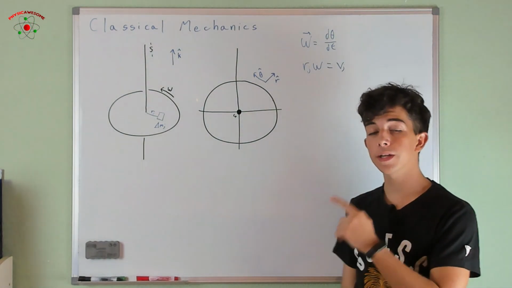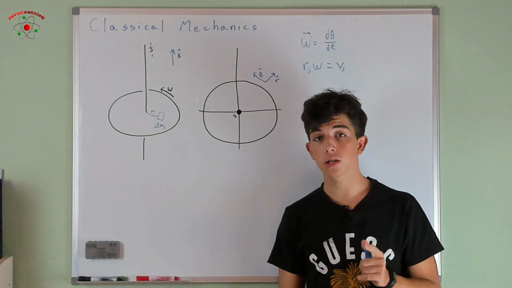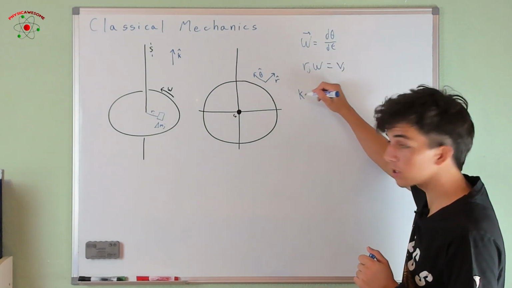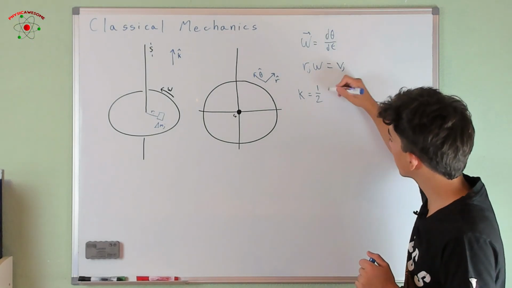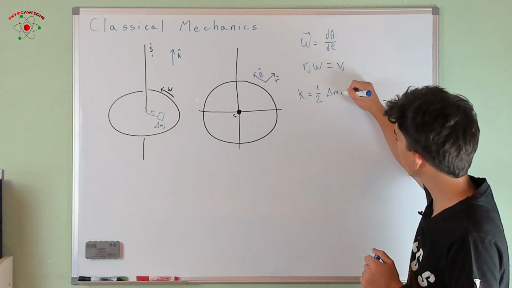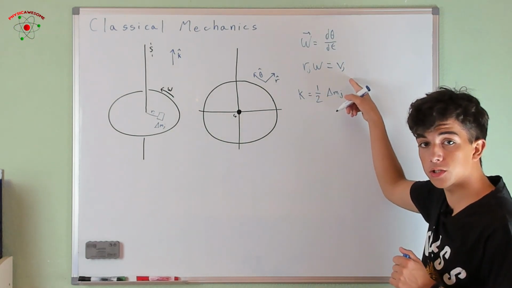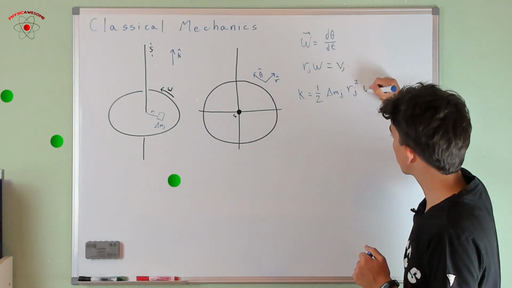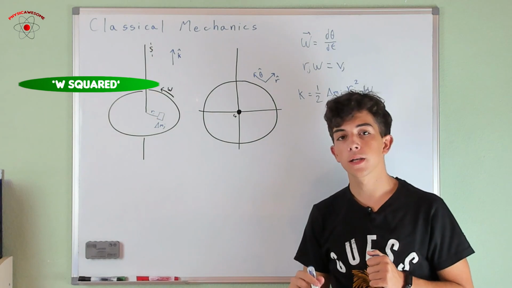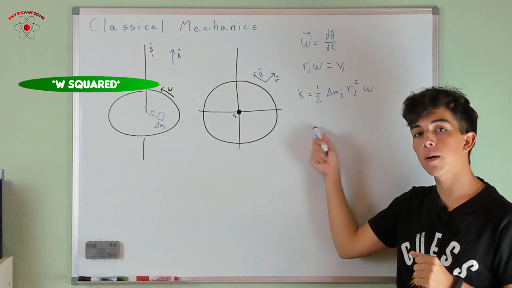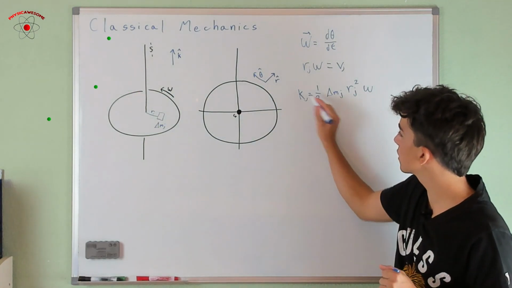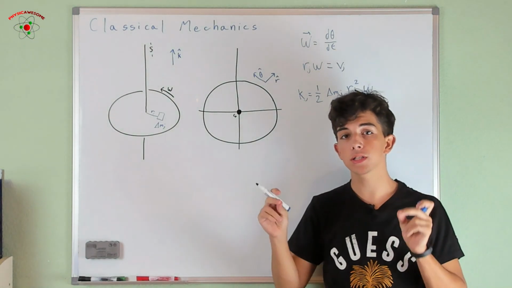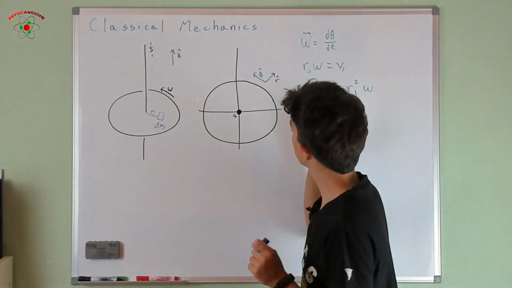Now, we can try and express the kinetic energy of this small chunk of mass. The kinetic energy would be 1/2 times the mass, delta m_j, times the velocity squared, which is going to be r_j squared times ω squared. Now, we would like to sum up, because this is the kinetic energy of j, so for the total kinetic energy, we would like to sum up all these small contributions.